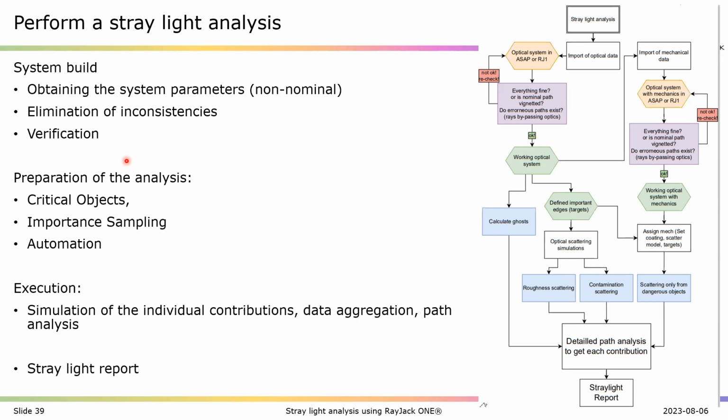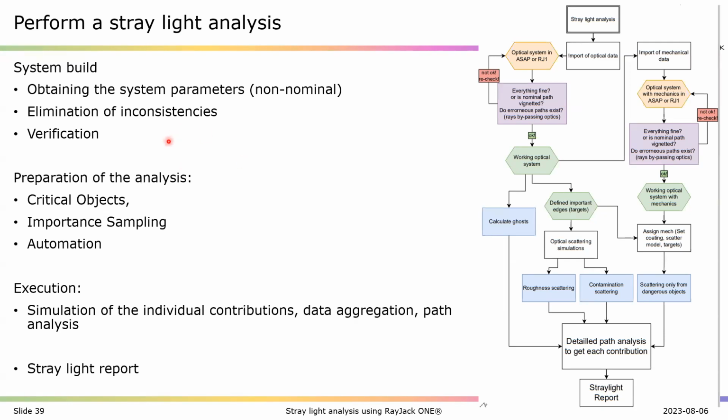In 80 to 90% of the cases, there are inconsistencies which you have to remove, which is very important, of course, for understanding the system. Then you have to get the scatter models and the coating models. Finally, you have to verify that. So not surprisingly, this system build can take a long time, sometimes really more than 50% of the Straylight analysis, if there are inconsistencies.